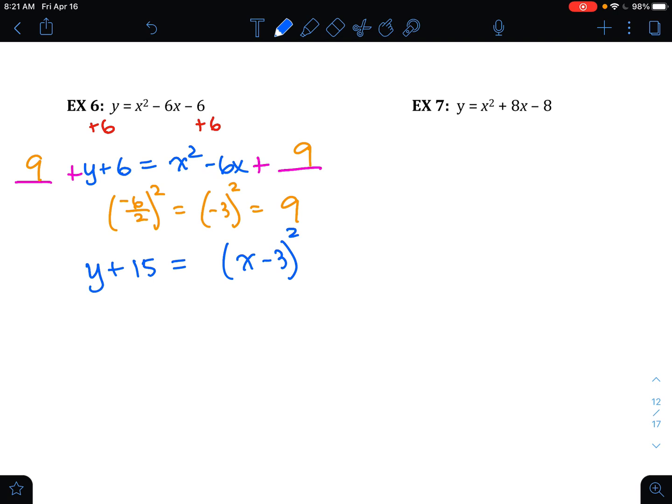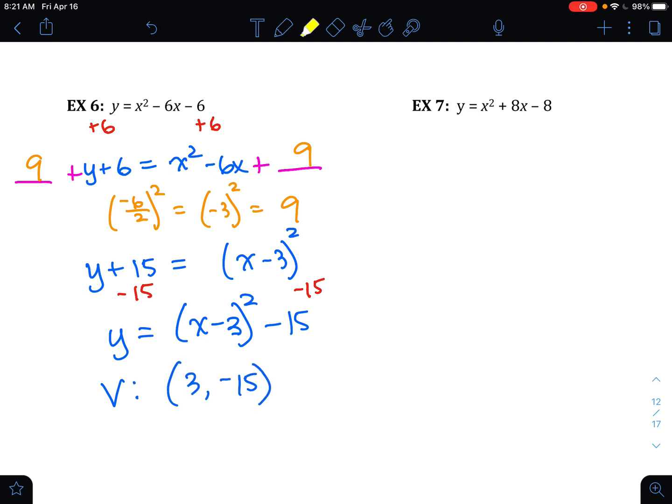Factor is going to be x minus 3 squared. And then I need to get y by itself. So I'm going to take away 15. So y equals x minus 3 squared minus 15. And then my vertex is +3, -15.